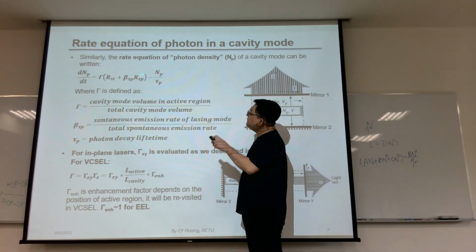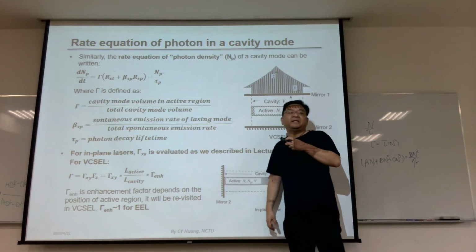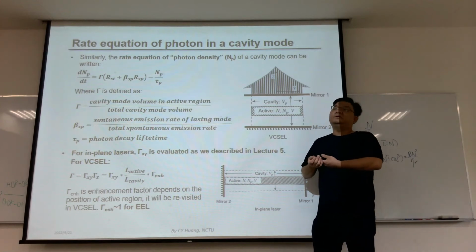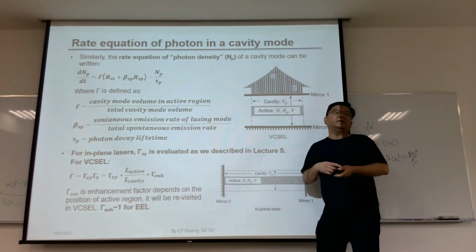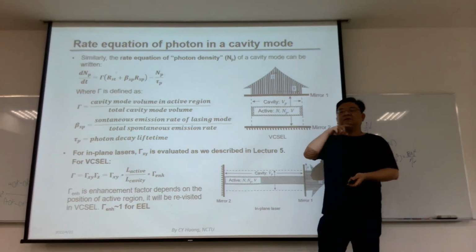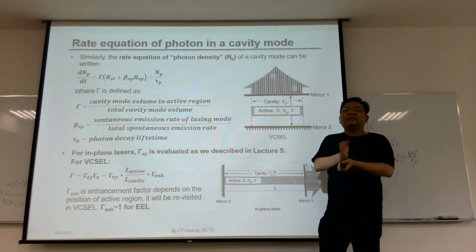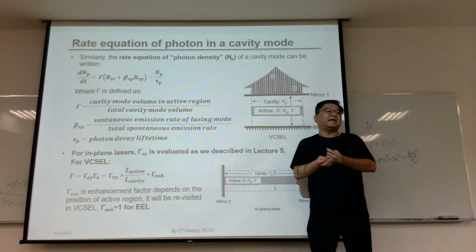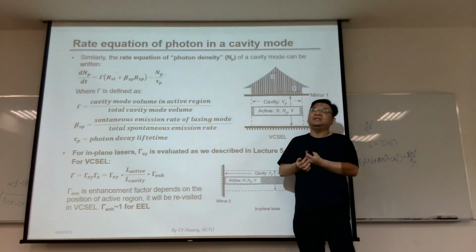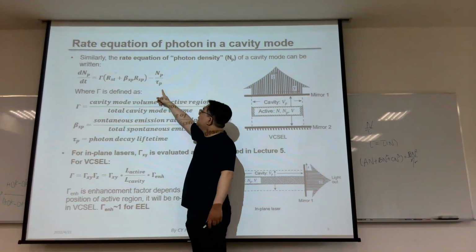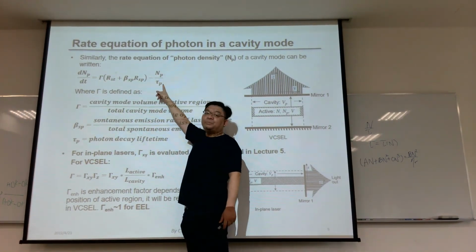Then similarly, photons will be consumed in some way, for example by free carrier absorption, or just light scattering due to defects. So we can also simply write down a simple term, NP divided by tau p.